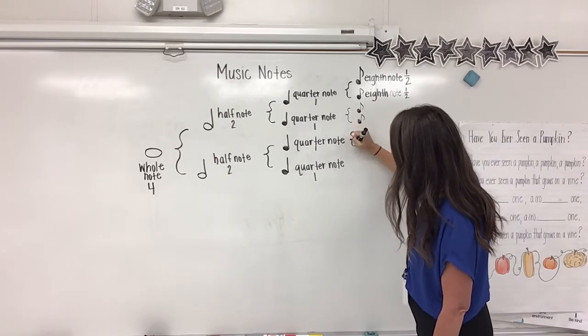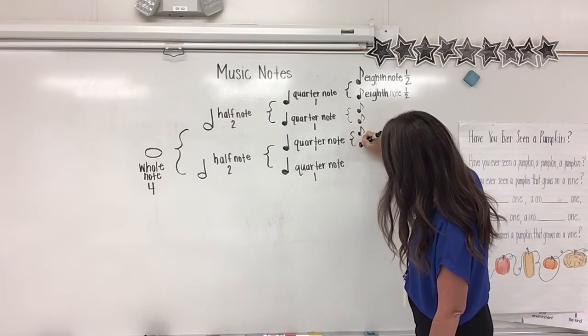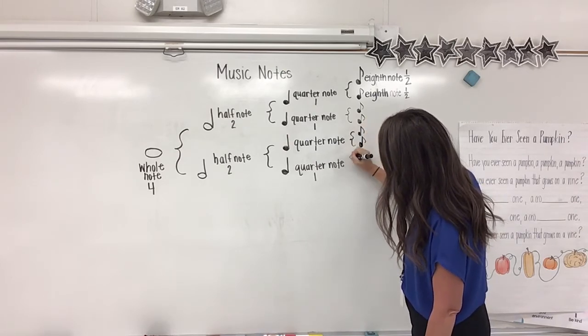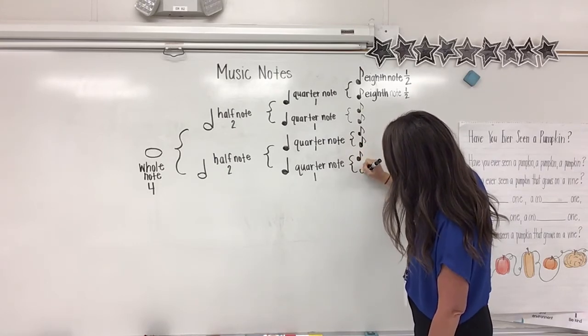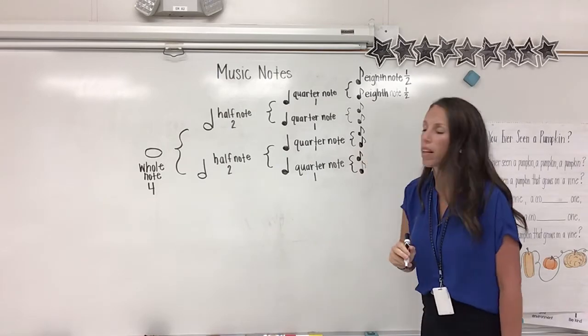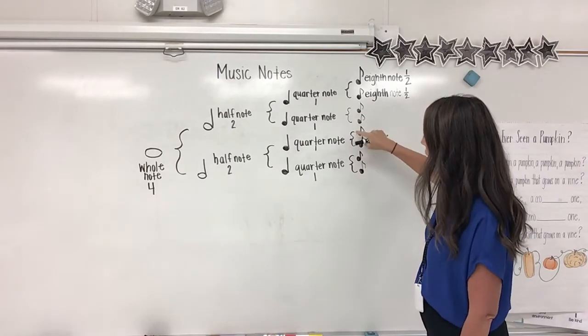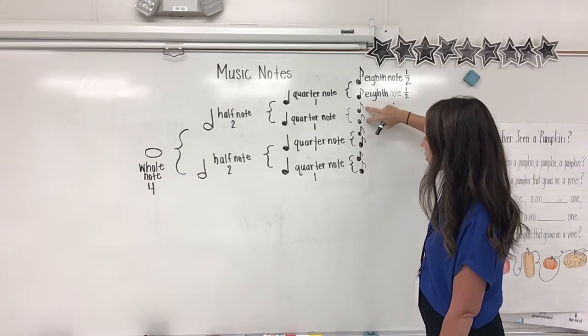And so would this quarter note, and so would this quarter note. So go ahead and take a moment and add in your remaining braces. Remember, 2 eighth notes per brace.